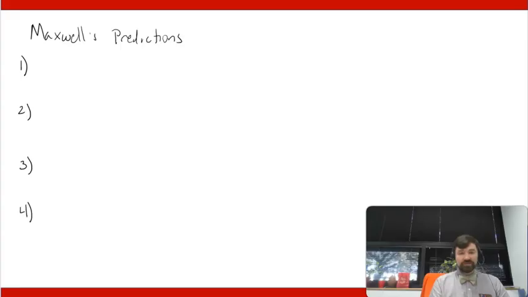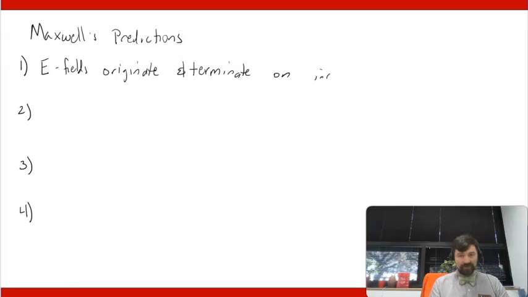So the first prediction basically is just that E fields start and end, or originate and terminate, on individual charges. And so that kind of goes with Faraday's rule for drawing field lines.